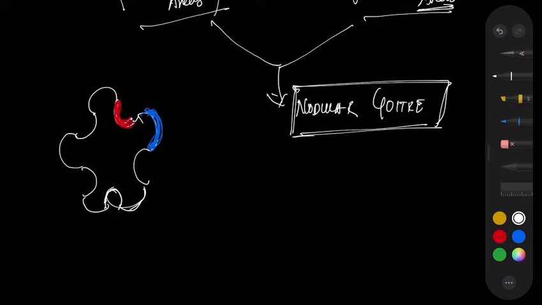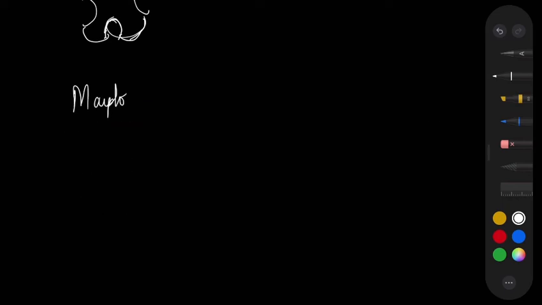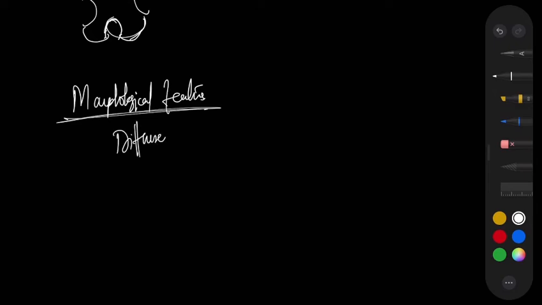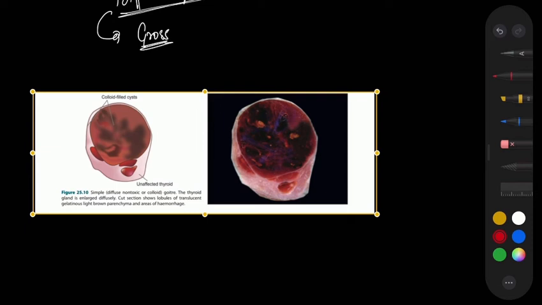So now we'll discuss the morphological features of your simple goiter, that is your diffuse goiter. Coming to the gross of your diffuse or simple goiter, we see that there are cysts, colloid filled cysts.